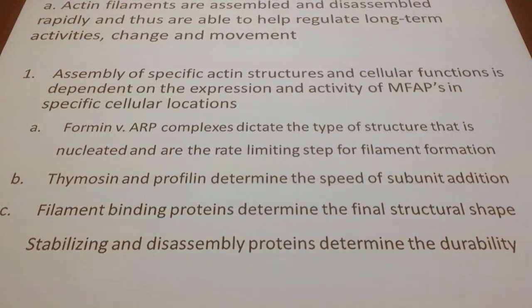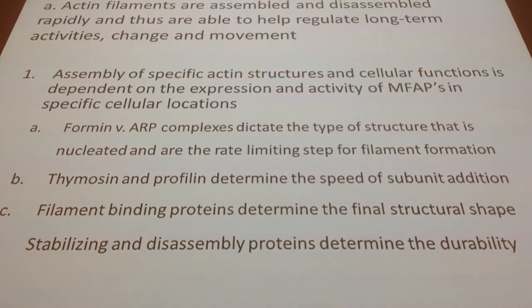Whereas ARP stands for actin-related protein. ARP aids or helps in the nucleation of microfilaments on an existing microfilament.